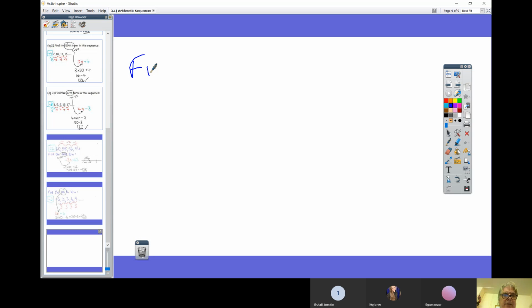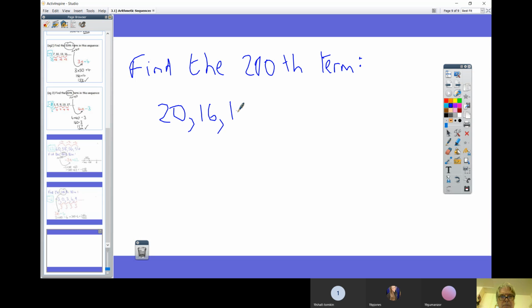Find the 200th term of this, please. Now you absolutely need to set it all out. Yes, because you will forget how to do this going forward.